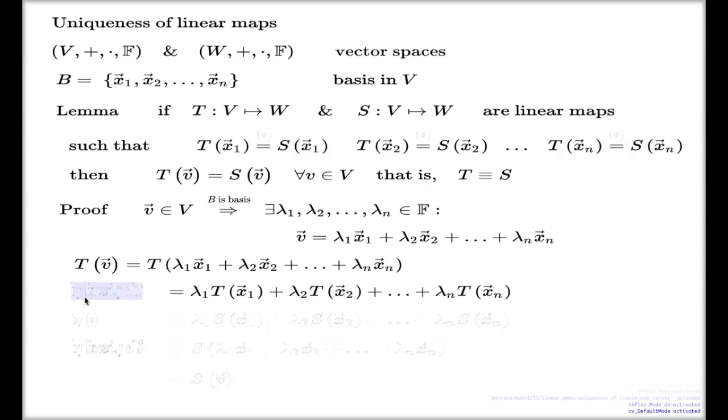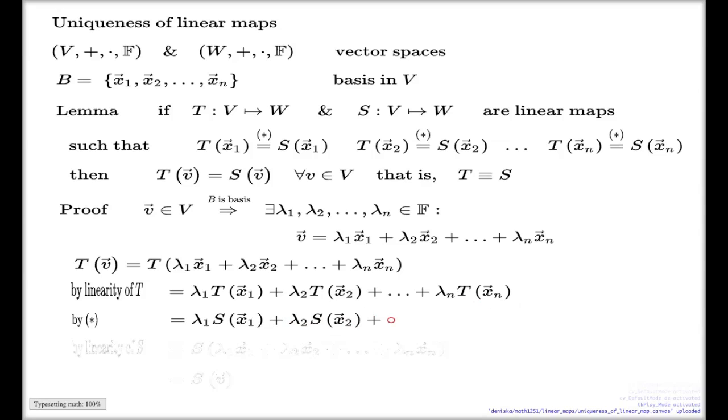This step is justified by linearity of T. Now, because of these identities, which I marked with the asterisks, I can replace every factor here, T of x1, T of x2, T of xn, by S of the same vectors, S of x1, S of x2, S of xn.